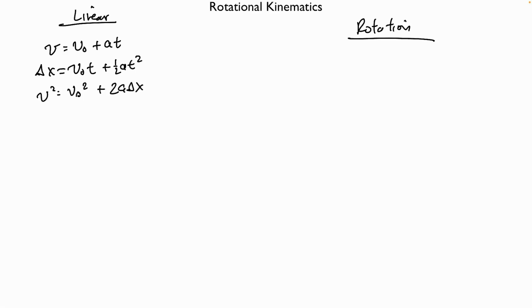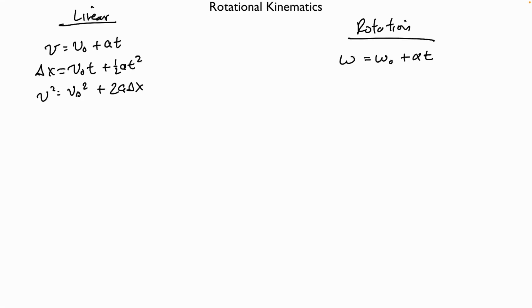So we're going to copy our linear equations, but we're going to do it with Greek letters and the symbols for the analogs, right, in rotation. So instead of a V, be very careful. What are we going to use? It is not a W. Omega. Thank you. So omega final equals omega initial plus, instead of A, it's going to be alpha t. And there's no Greek T, it's just t.